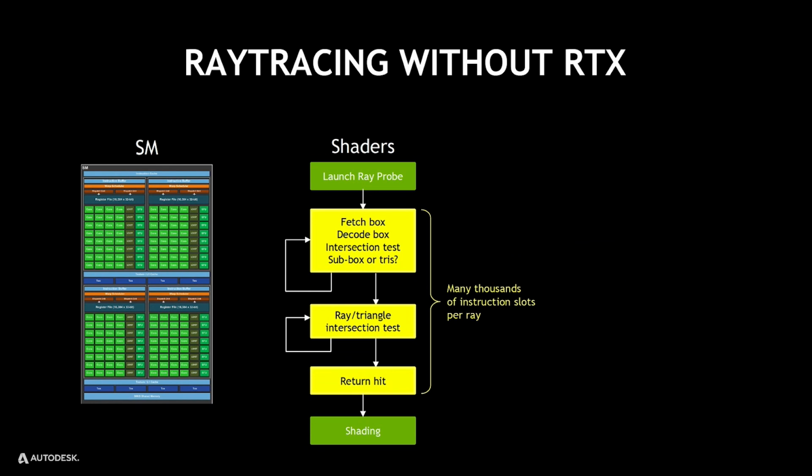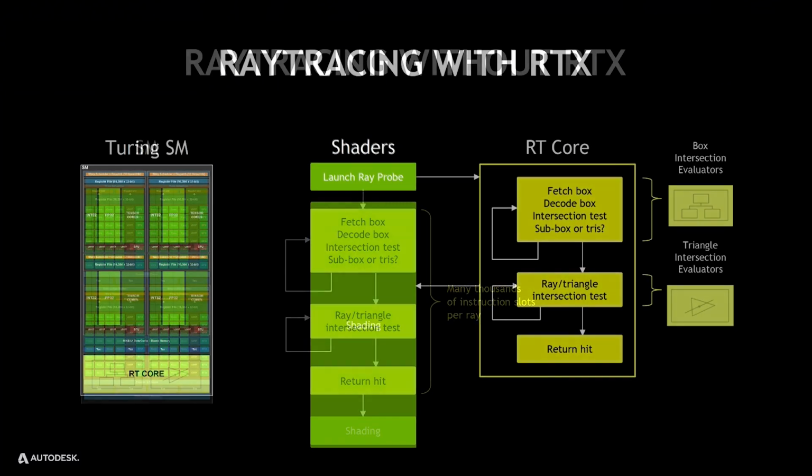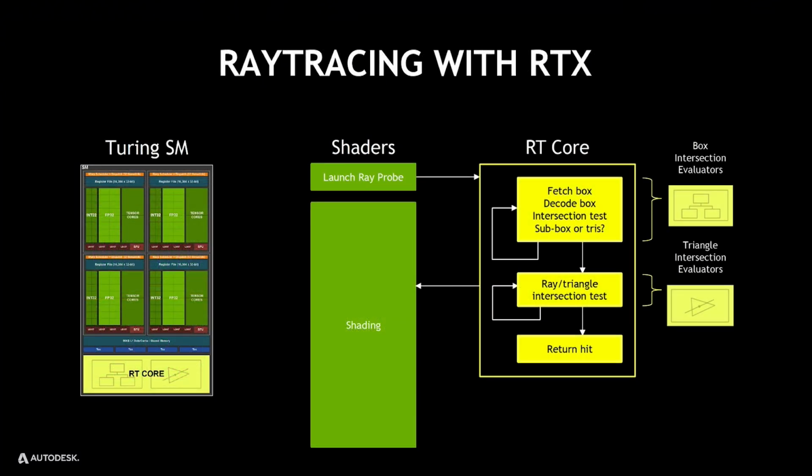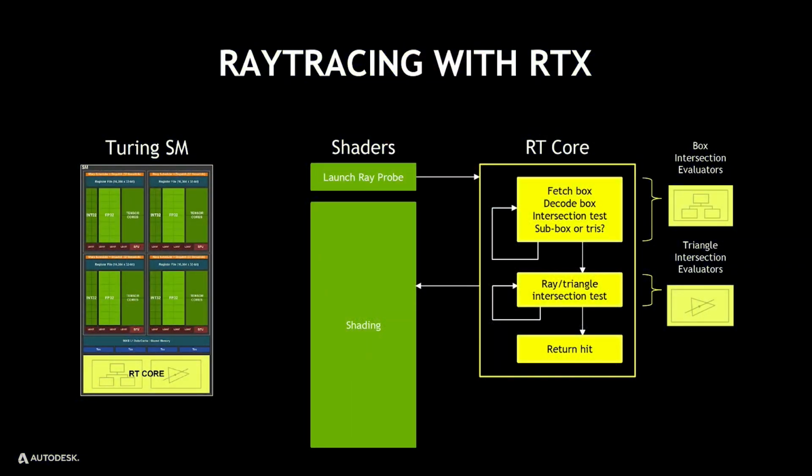Previously it was a whole bunch of instructions in order to test those bounding boxes for every single ray. We now have a dedicated processing unit that we call RT cores that offload that algorithm and provides a huge speed up for traversal and intersection, but it also allows the shader cores to continue working on other rays, to shade them and sample them and compute all of the material properties and other things that Adrien just showed.